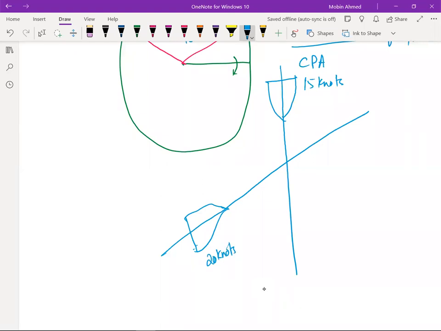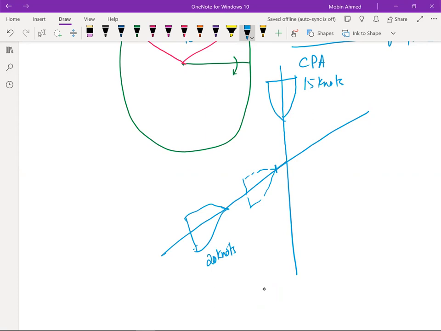So when they are going to cross each other, what is going to be the closest? Suppose after 10 minutes they are going to close, so the ship is going to be here, and the distance from here to this ship is known as the closest point of approach.